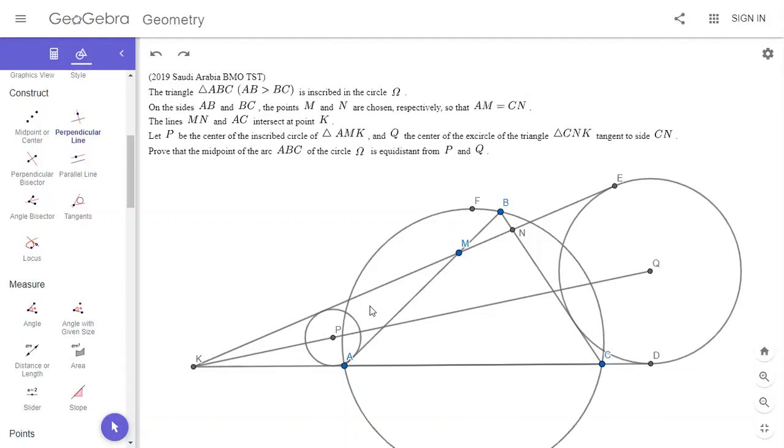So there's the theorem, the difference between the powers of F with respect to these two circles is twice the distance between their centers times the distance from the point to the radical axis. So I wonder if that could do it. That might give us a longer solution to this problem.